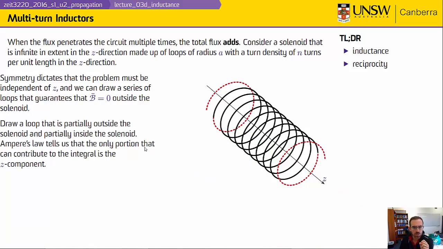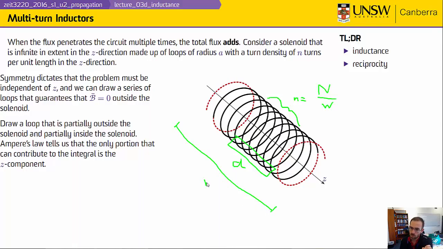So I'm going to draw a loop that's partially outside the solenoid and partially inside the solenoid. That loop is going to have extent d. I'm going to describe the solenoid by a quantity called n, and little n is the total number of turns divided by the overall length of the solenoid, which I'm going to call w, and w is this much larger length.